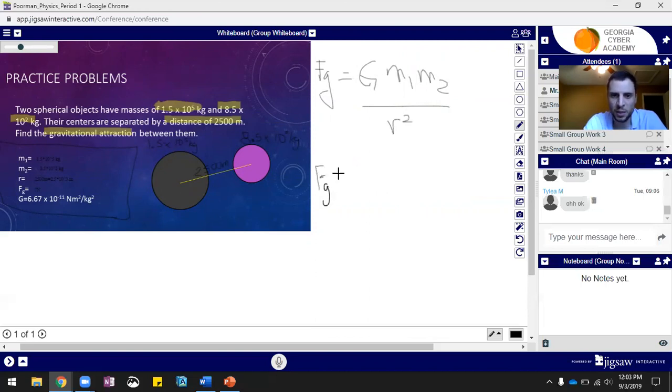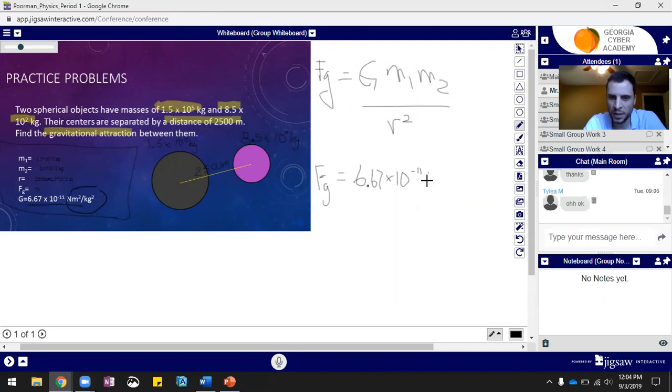Our force due to gravity equals G, and that is right over here, 6.67 times 10 to the negative 11th. And then look right here. We have Newton meters squared divided by kilograms squared.